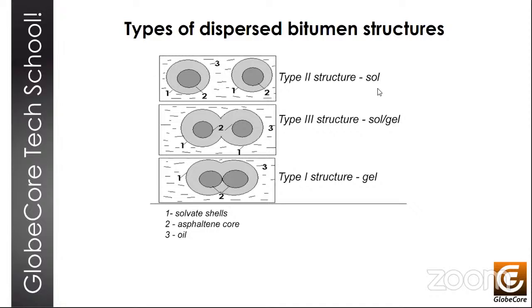And we distinguish bitumen of types 1, 2, and 3, which can be identified with colloidal systems of gel, sol, and sol/gel. For simplicity, we can represent the structure of bitumen as consisting of an asphaltene core surrounded by a shell of absorption solvation layers of resins. And these aggregate particles are distributed in the oil environment.